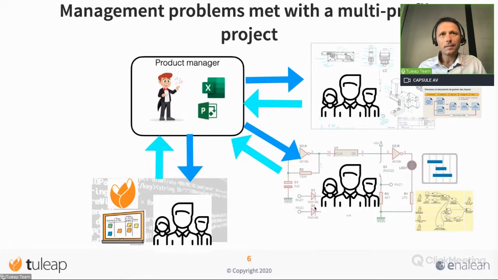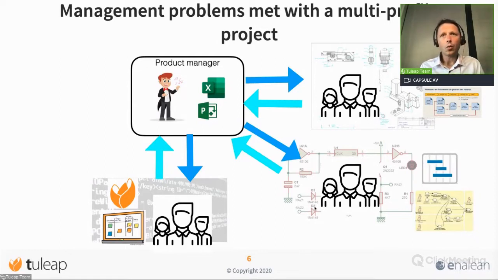So the product manager takes all this several information and uses a standard tool such as Excel or Project to merge all this data, and with this, you have to check if everything is okay, if all teams are synchronized, and if the product roadmap will be the right one.